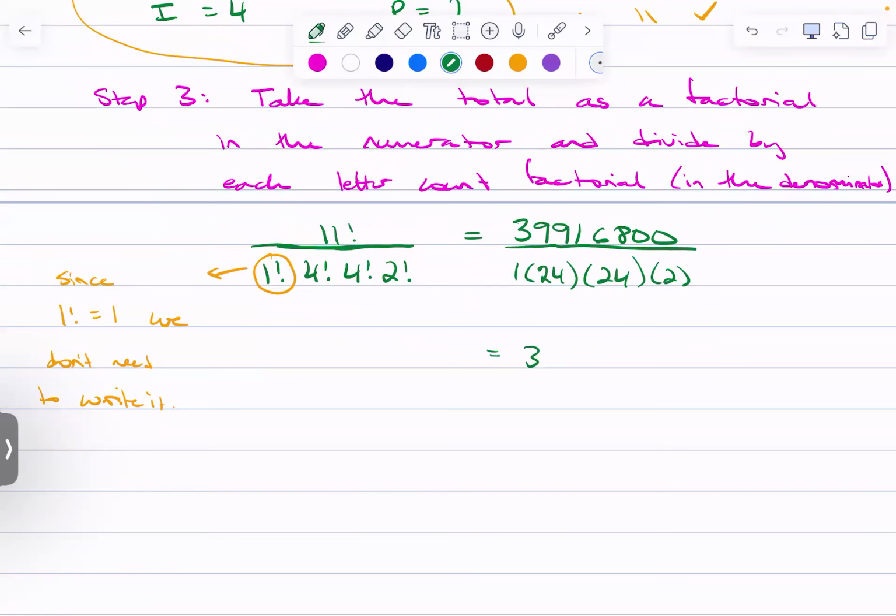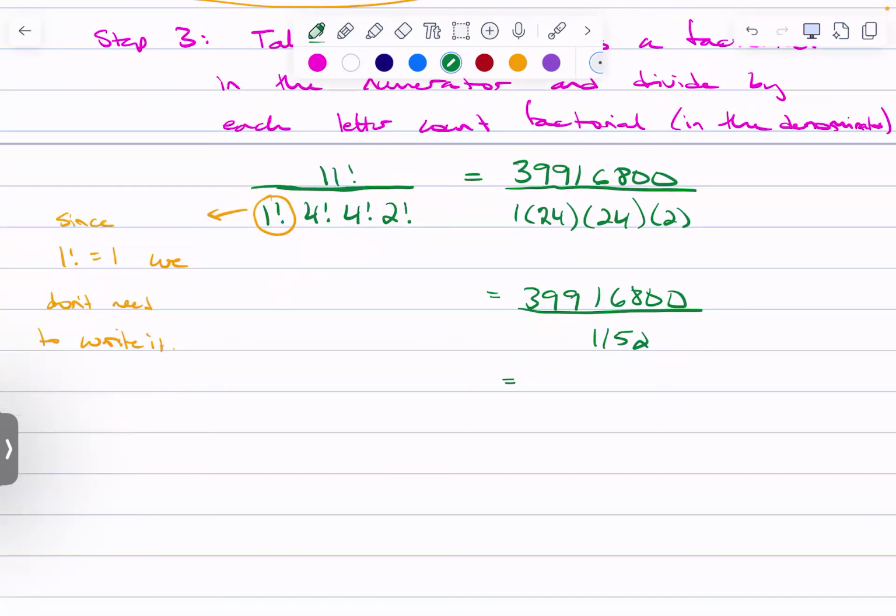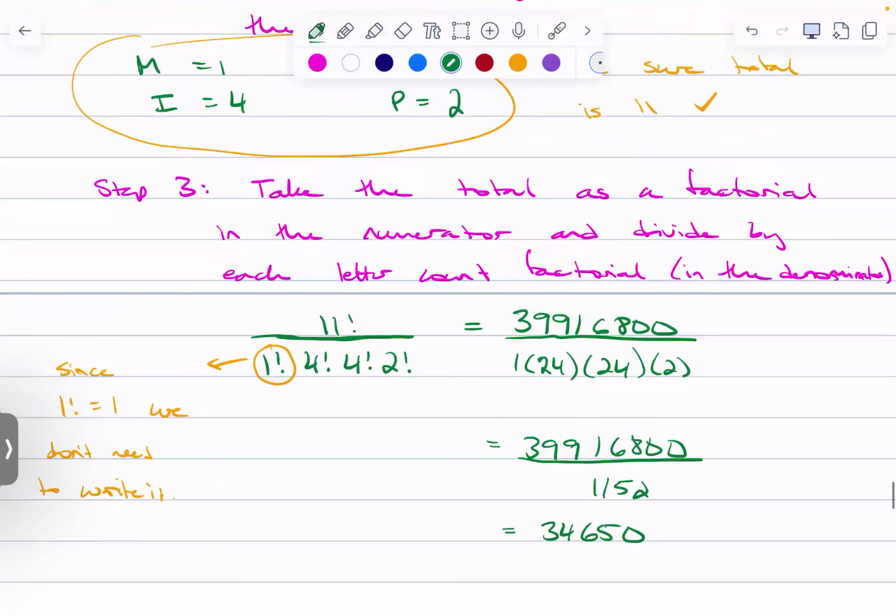Which puts me at 39,916,800 divided by 1152, which gives me 34,650. 34,650 different permutations of the letters in Mississippi.